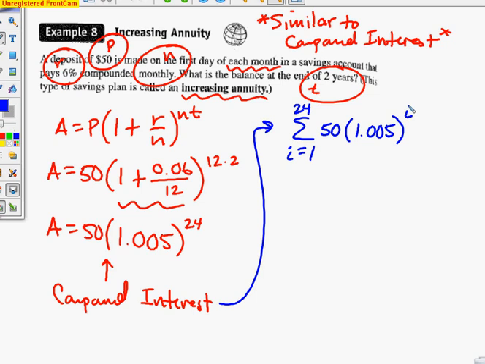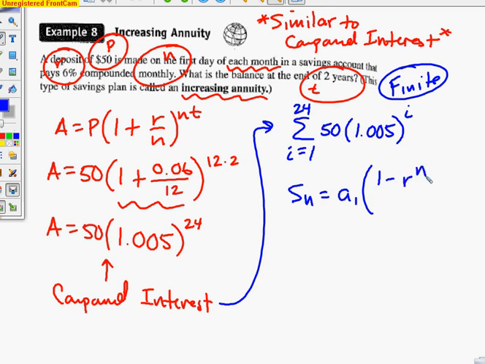This will give us the sum of the 24 months. All right? Now this is a finite sum. This is a finite sum. So we're going to use the formula S sub n equals A sub 1, R 1 minus R to the nth over 1 minus R.